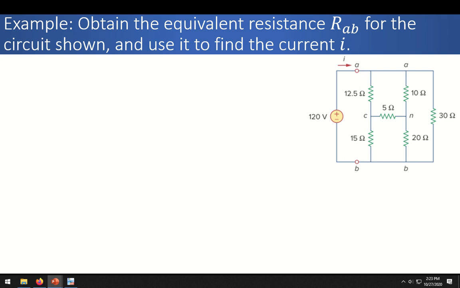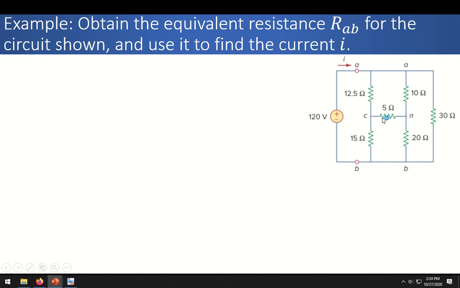That is, we cannot use voltage divider or current divider directly in this circuit, but we can observe that there are some delta networks and star networks present in this circuit. Just like we have one delta, that is from node C to N and then B. This is a delta network.